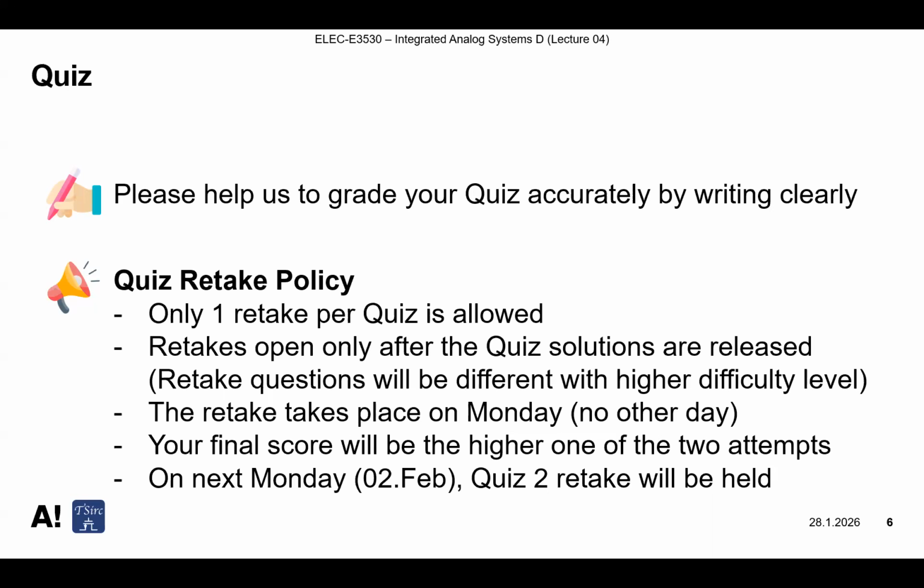Retake questions will be different with a bit higher difficulty level. The retake takes place on Monday, no other day. Your final score will be the higher of the 2 attempts. So it's fine if you scored lower at first, and if your retake score is lower, then don't worry, you will not lose any score.